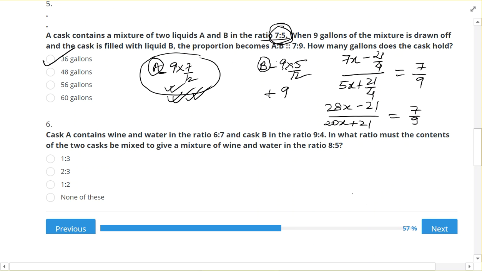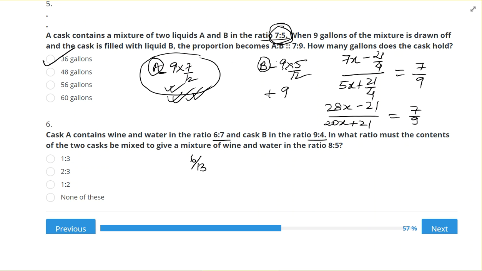Cask A contains wine and water in the ratio 6 is to 7 and B in the ratio 9 is to 4. In what ratio must the contents of the two casks be mixed to give a mixture of wine and water in the ratio 8 is to 5? Similarly, as above, we just did a question just like this. Wine is 6 upon 13 because 6 is to 7 is the ratio of wine and water.